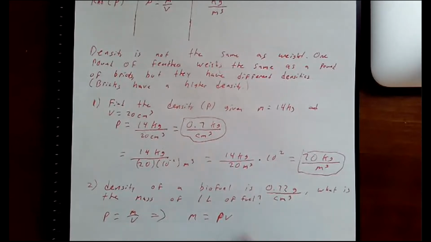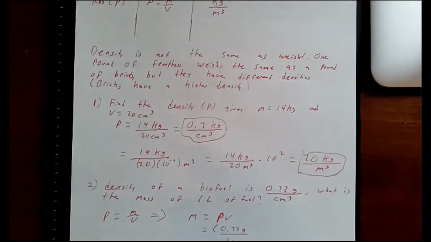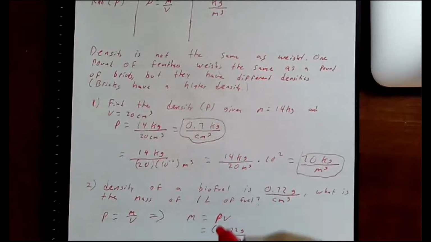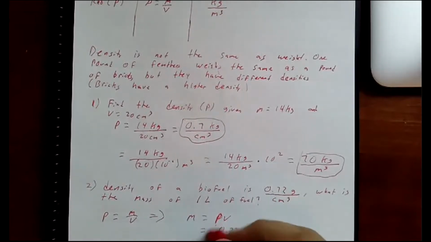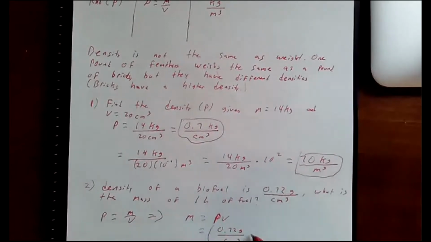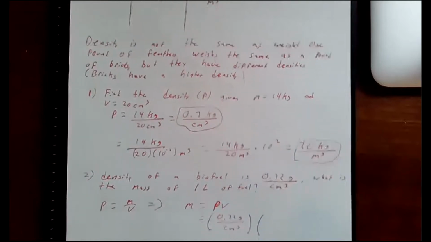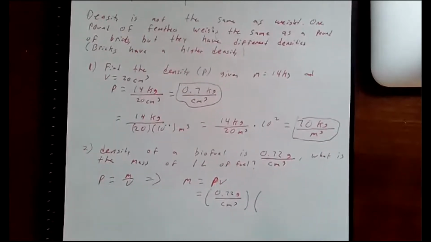So let's see. So we plug everything in. We have our density, 0.72, because this right here is in centimeters. So I'm going to try to put everything in centimeters. I'm not going to use the liters, because if I use liters, that would not cancel my centimeters. I want to get to mass, it better be just grams.